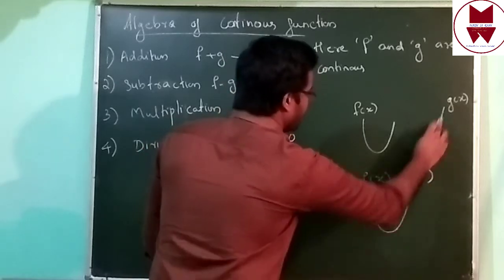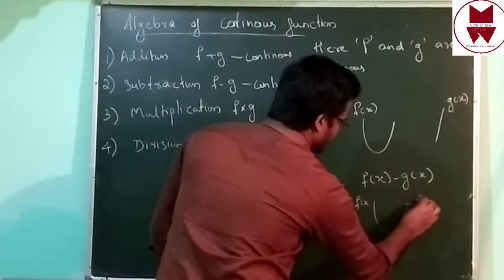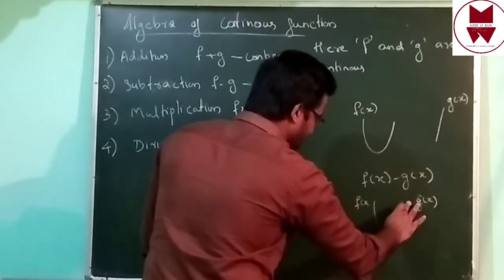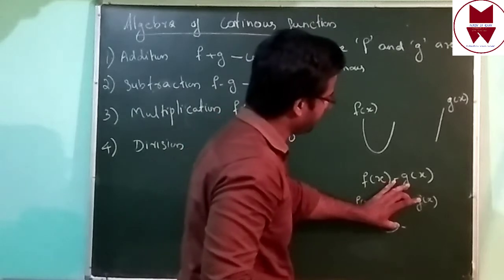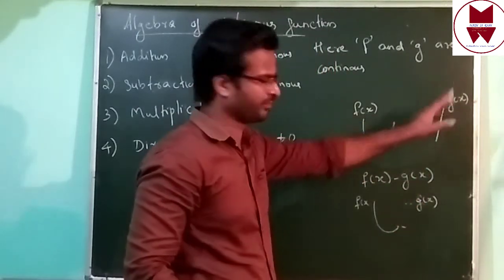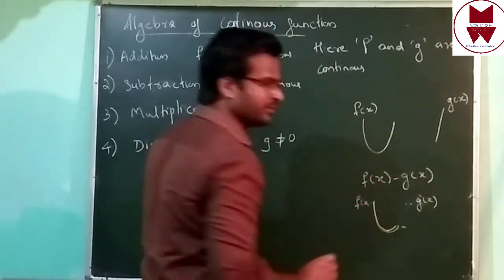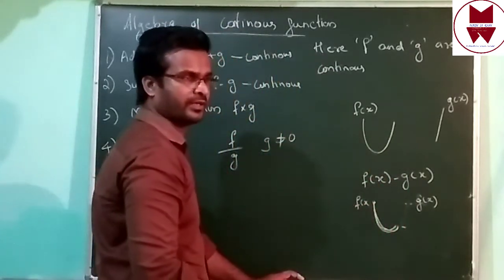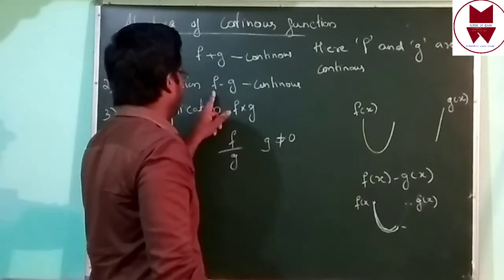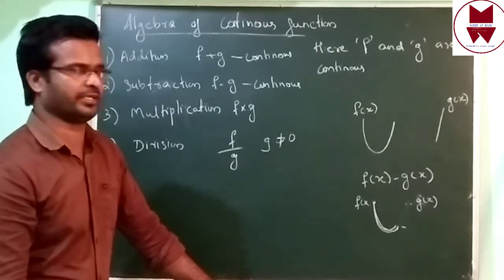Then from here, g of x. From here to this part, that is g of x. You can consider it. Let's subtract. Subtract means cutting, isn't it? This g of x part, here just cut it. Then what is this? This is our f of x minus g of x. Without taking the pen, can you draw this one? Sure, you can draw, isn't it? That means f minus g of x will be continuous.